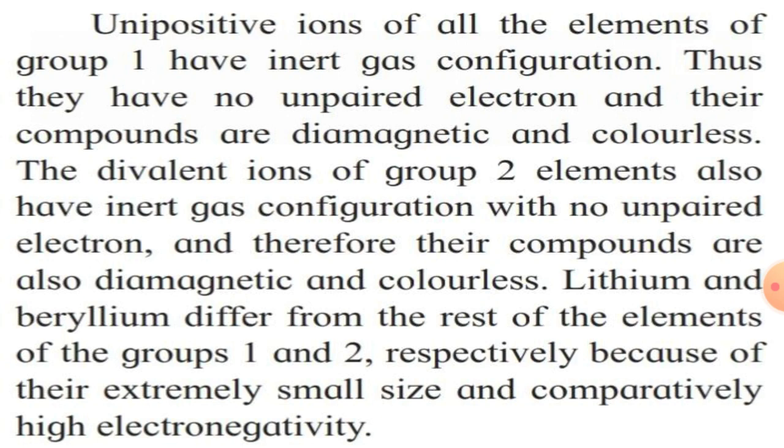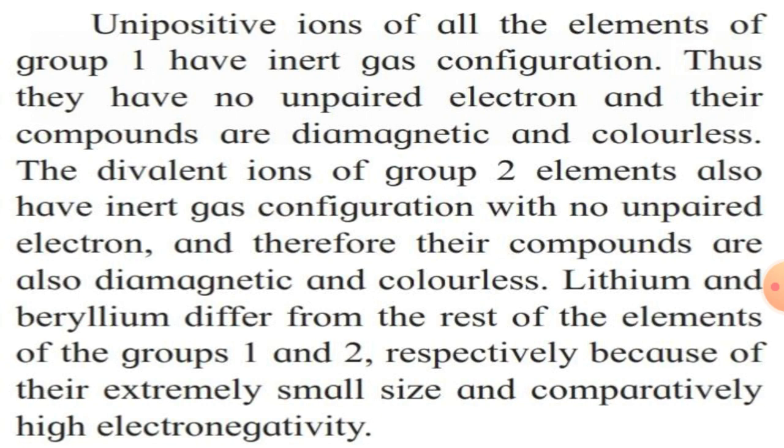If group 1 elements lose 1 electron, they get converted into plus 1 ions and have inert gas configuration. Hence, they do not have any unpaired electron. As they do not have unpaired electrons, these compounds are diamagnetic and colorless.